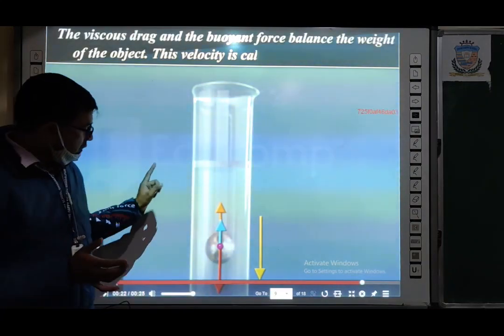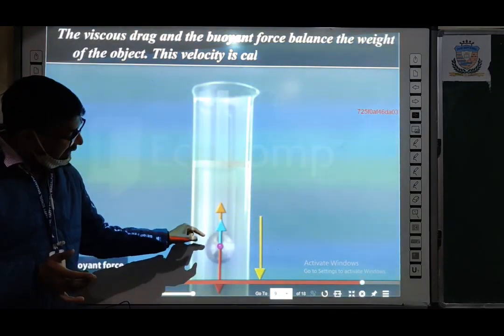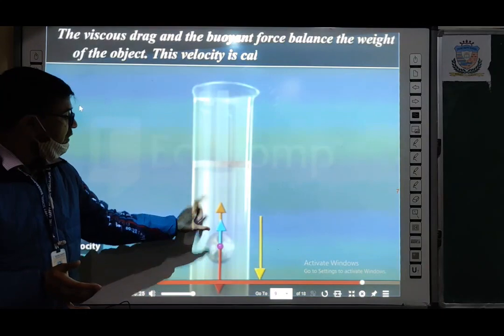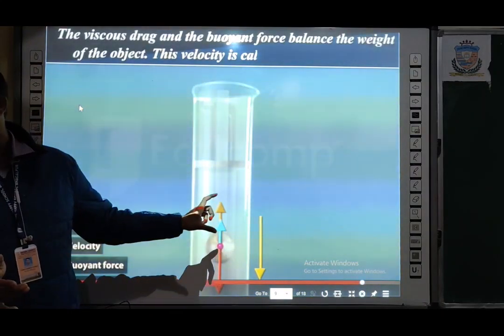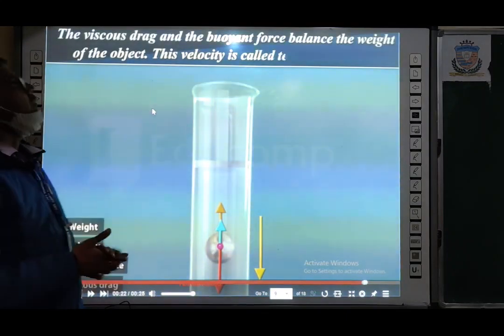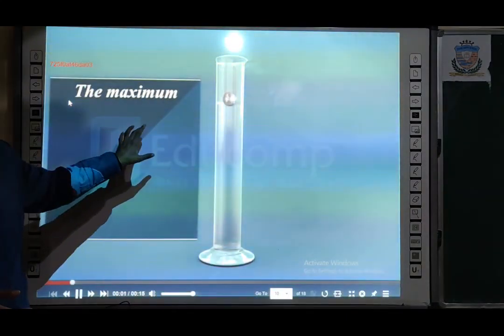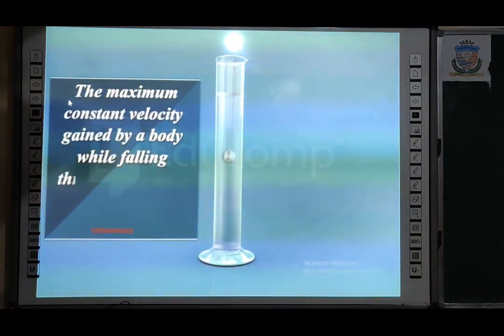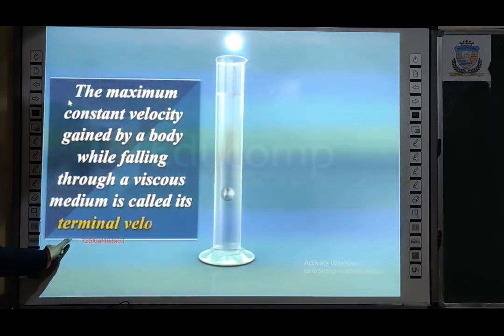Clear? So if this viscous drag plus buoyant force is equal to the weight, at that time the velocity will remain constant. This velocity, gained by a body falling through a viscous medium, is called the terminal velocity.